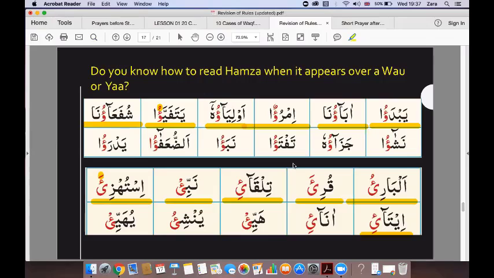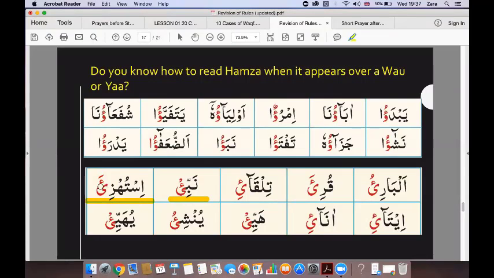Just remember that you're looking at the stroke which is carried by the hamza rather than on the waw or the ya. And that goes the same for when you're going to pause. You look at the stroke which is carried by the hamza itself. So for example here, nabbi, it already carries a sukoon, so even in pausing it will be the same thing, nabbi.